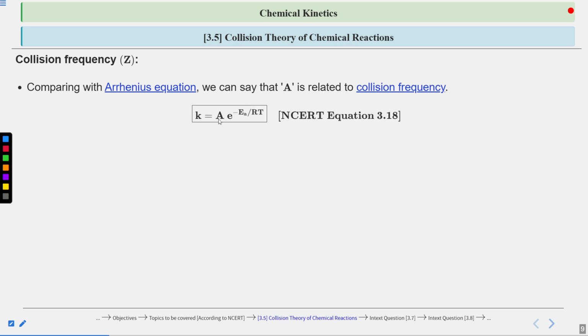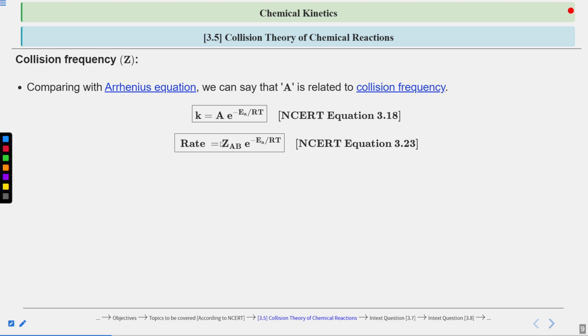So K equals A e to the power minus EA by RT. This is the Arrhenius equation, NCERT equation 3.18. EA is the activation energy, and A is the Arrhenius constant.